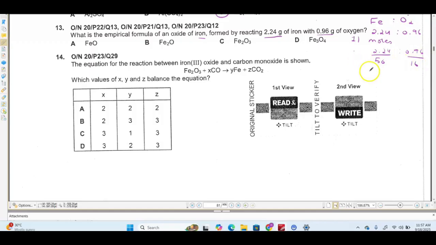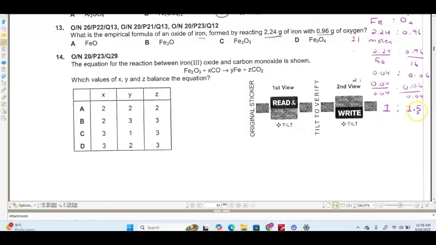So once we divide that, we get 0.04 moles and 0.06 moles. So the second step is to divide all the molar ratios with the smallest mole. So 0.04 is the smallest mole. So we are going to divide both of these with 0.04. So here we get an answer of 1 and here we get an answer of 1.5.